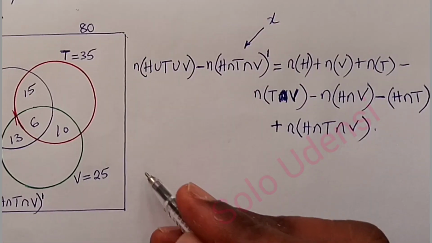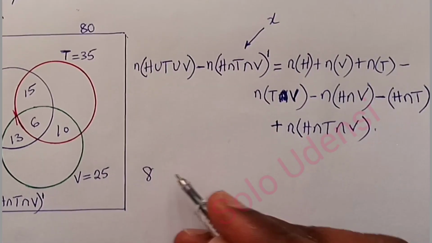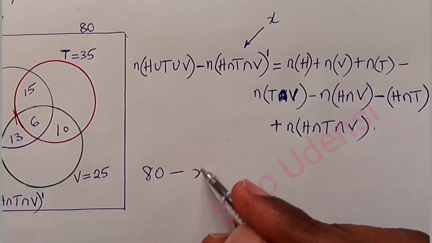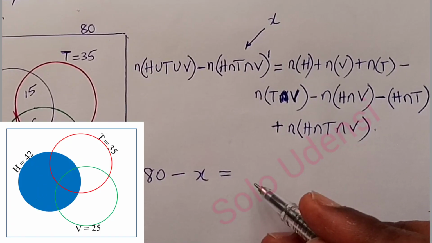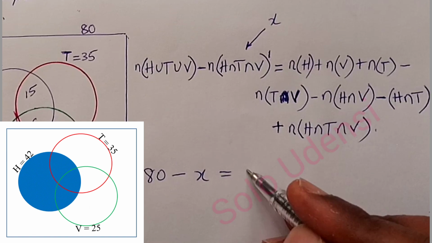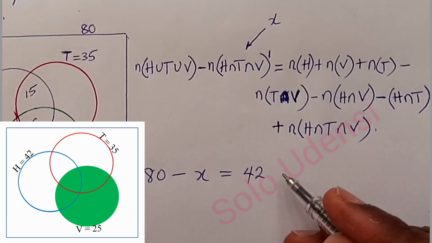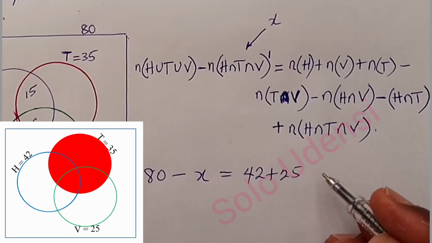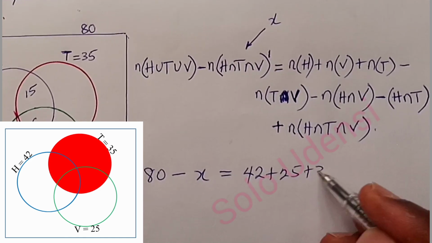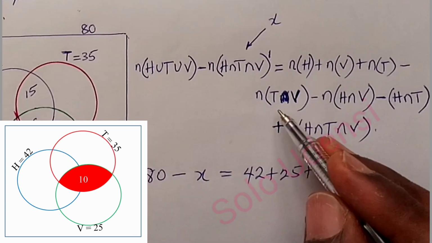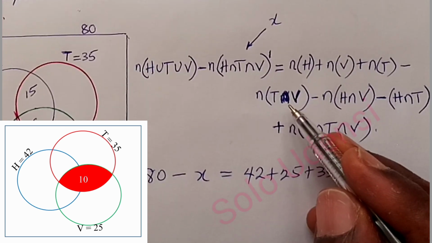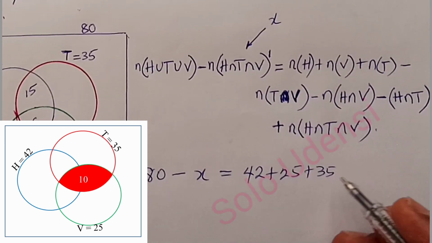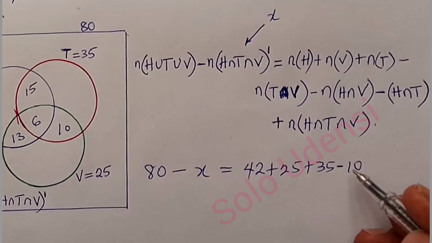So we now have that this one is 80 minus X is equal to number of handball is 42, number of volleyball is 25, number of tennis is 35, number of tennis and volleyball is 10, so minus 10.